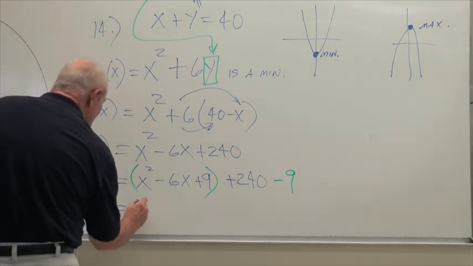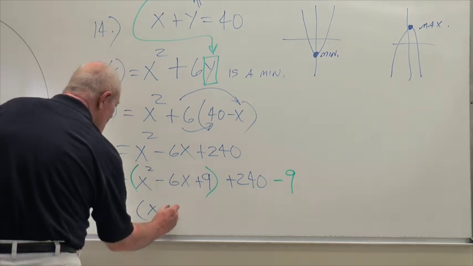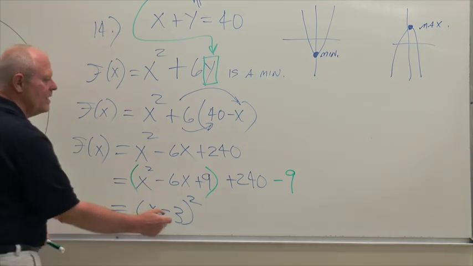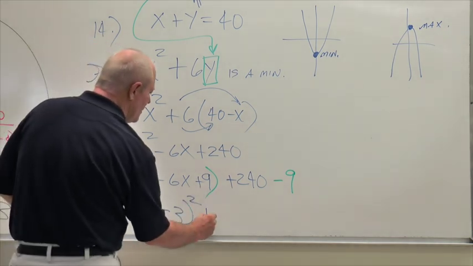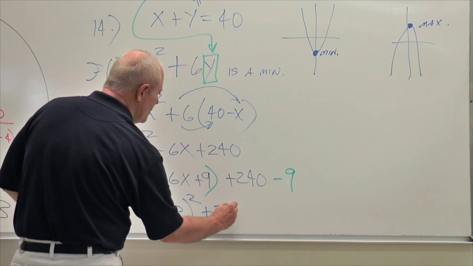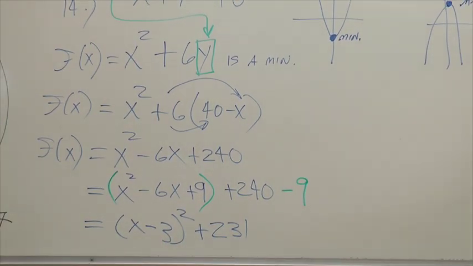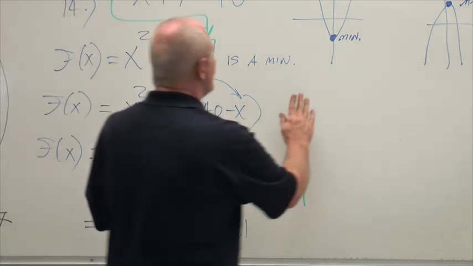And this all gives us the binomial x minus 3 squared, perfect square trinomial. Then what happens here? Plus 231. Excuse me. This is actually in vertex form now, isn't it? So what is h? What is h for our problem here?